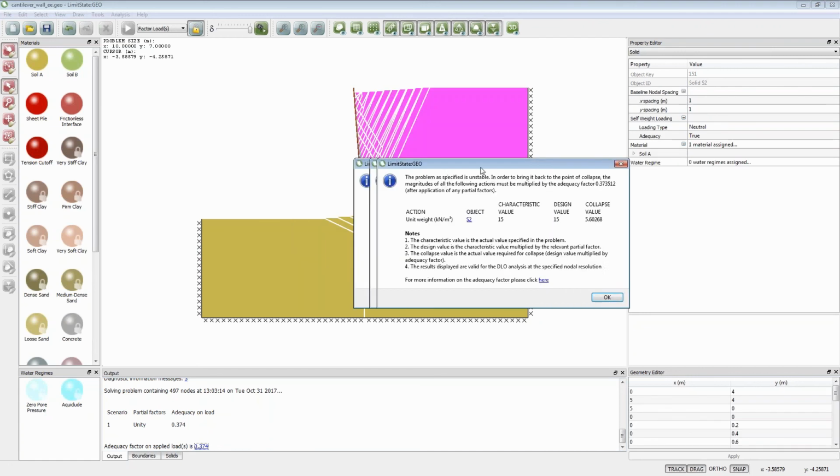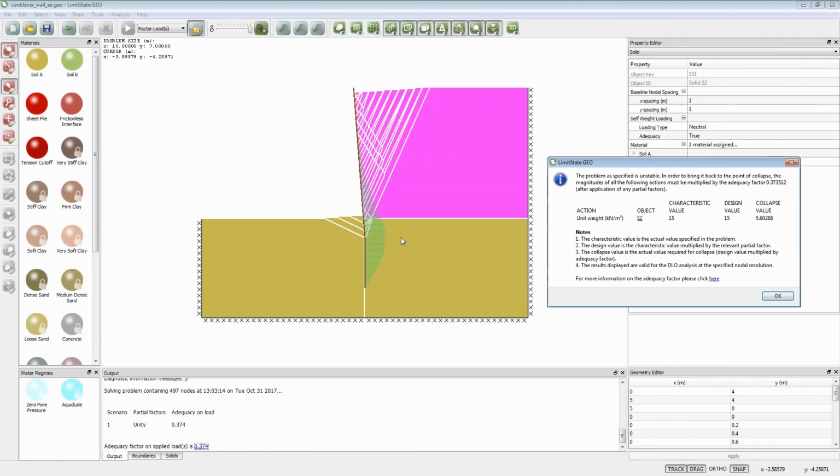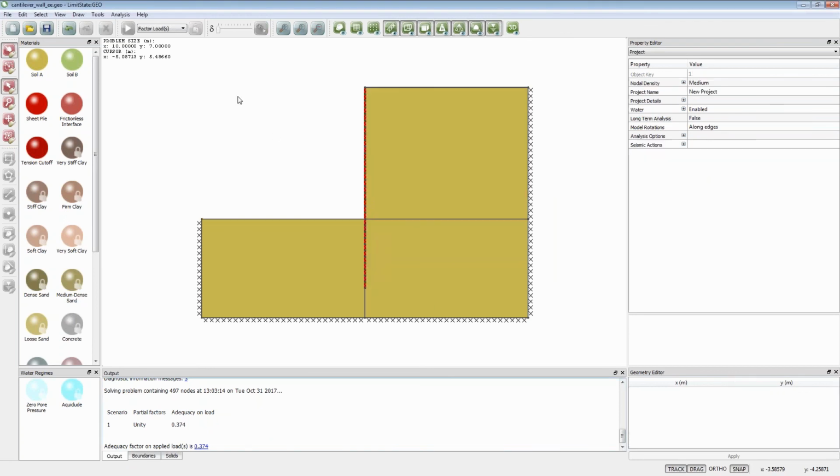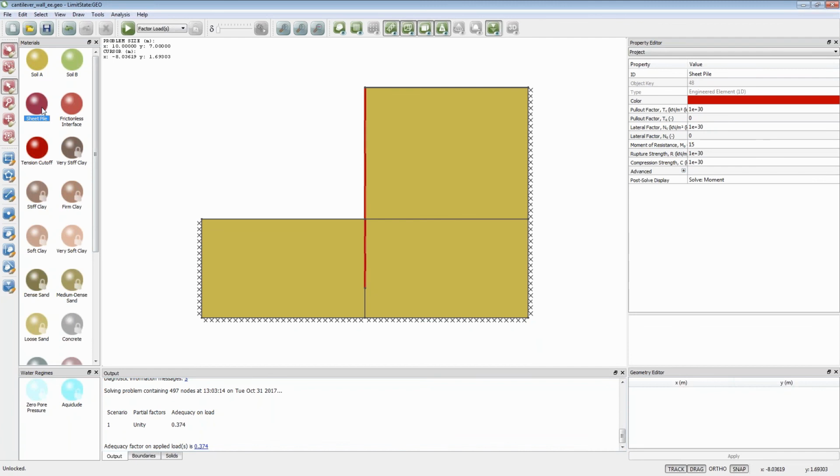And essentially it's saying, because of this much weaker wall, you'd have to reduce the weight of the soil behind the wall down to a unit weight of 5 just for it to be at the point of failure, because we weaken this wall. But clearly that's not what we want to do. We'd want to have a stronger sheet pile wall and get that bending failure.